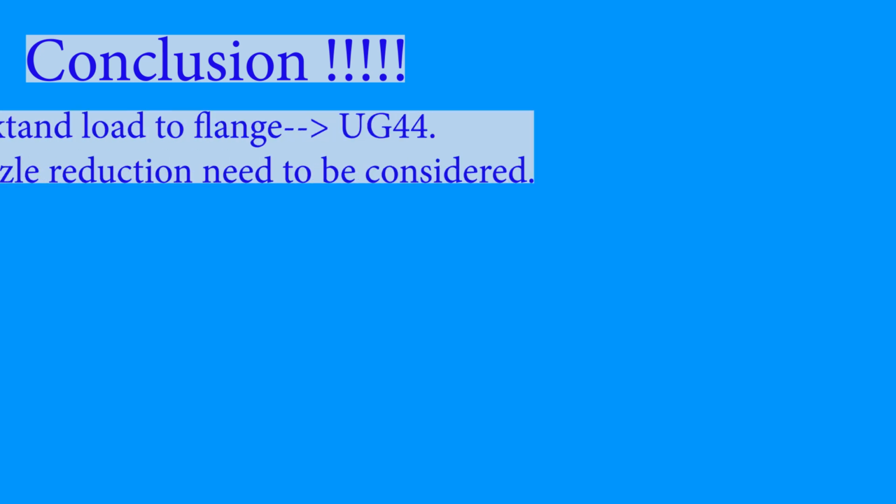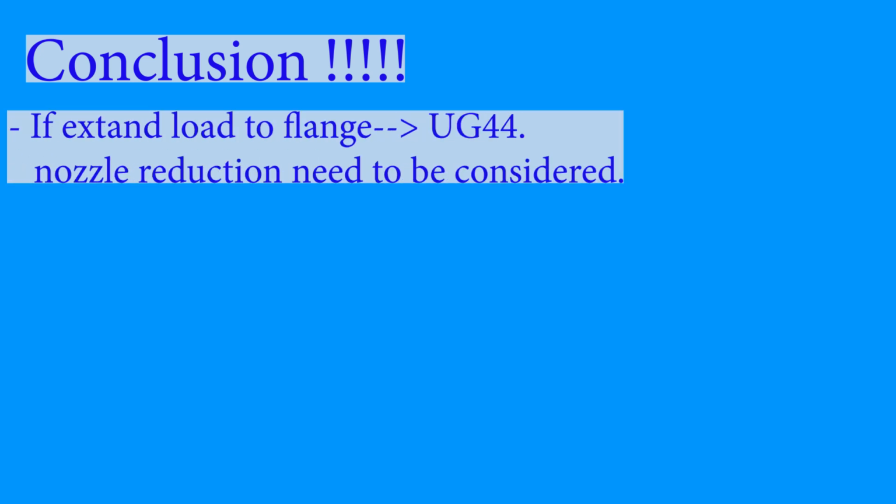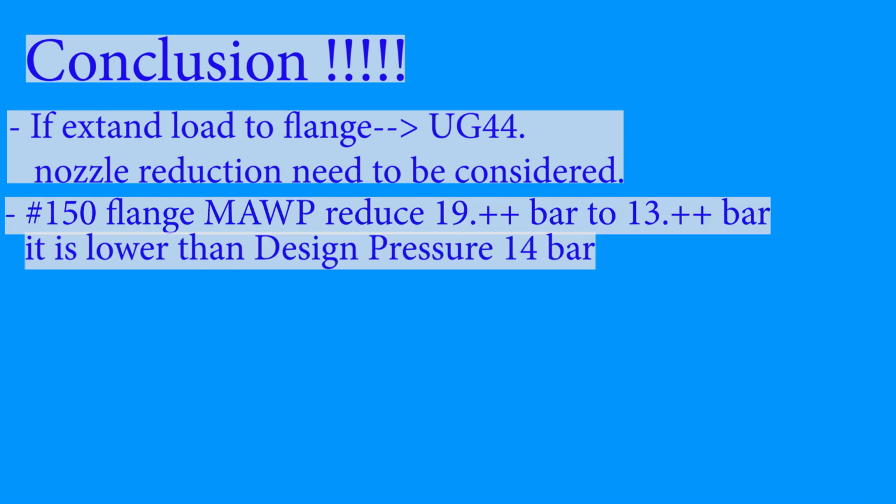As a conclusion, for flanges with external nozzle loading, UG-44B needs to be considered for reduction of the original flange ring MAWP due to external nozzle loading. Therefore, the original flange MAWP of 19 something bar will become 13 something bar, and it is lower than the required design pressure.